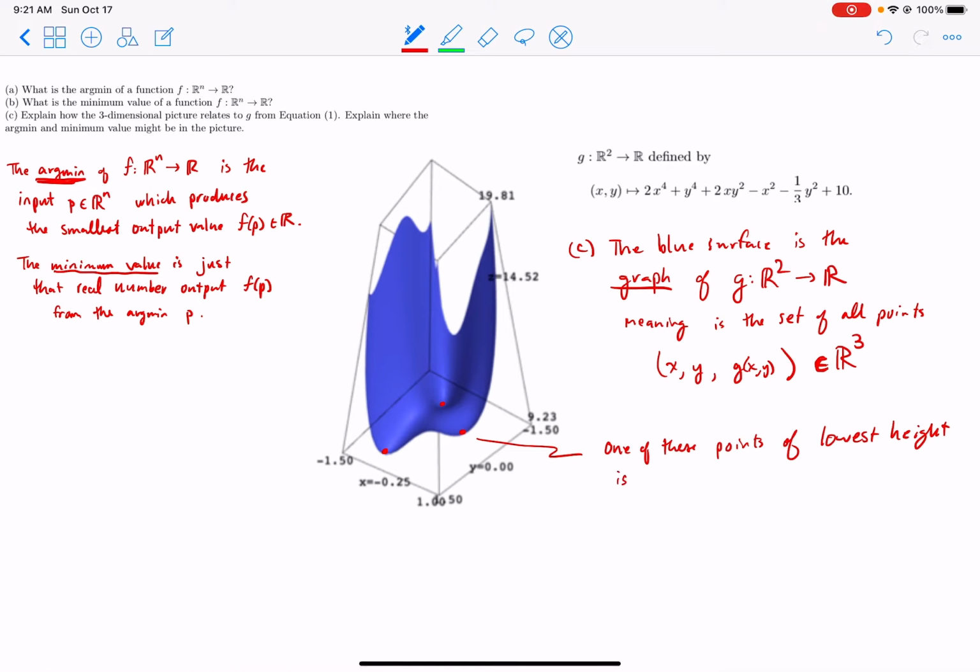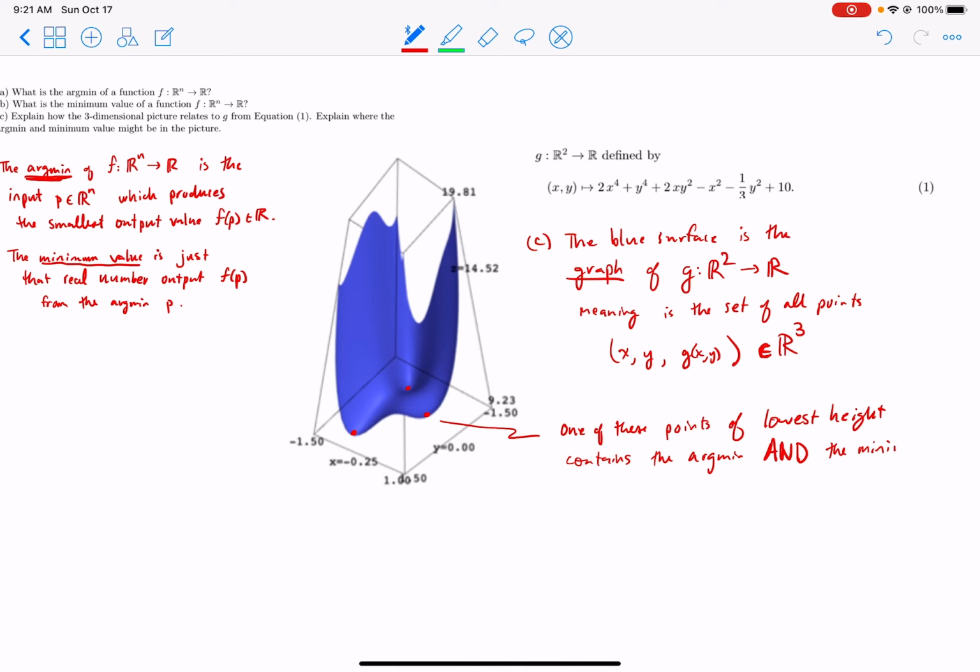is, or let's say it contains the argmin and the minimum value together. It contains both of them. So I have to explain that.